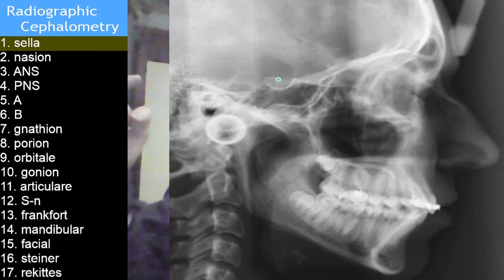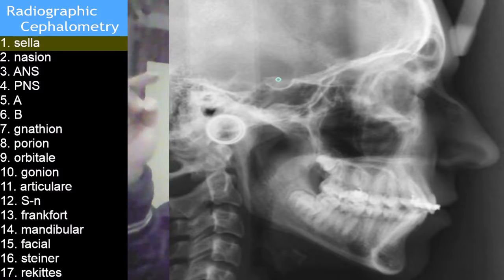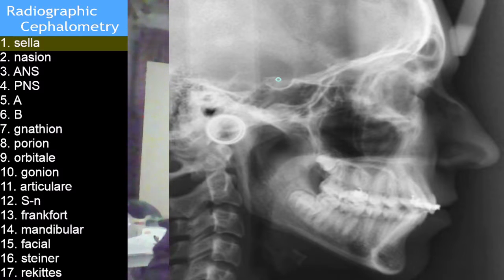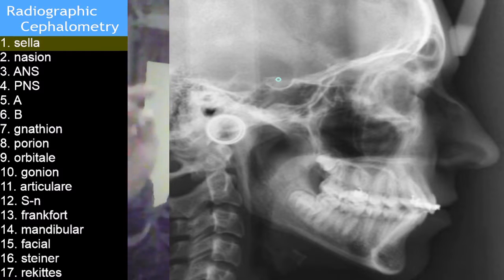This is according to the 1947 definition of the sella point of cephalometry. The sella is the middle point of the sella turcica.